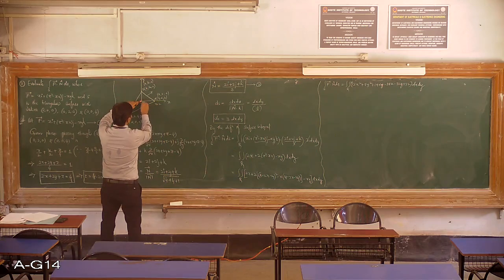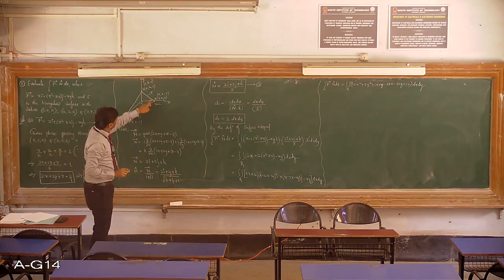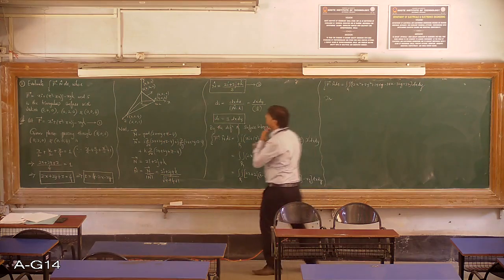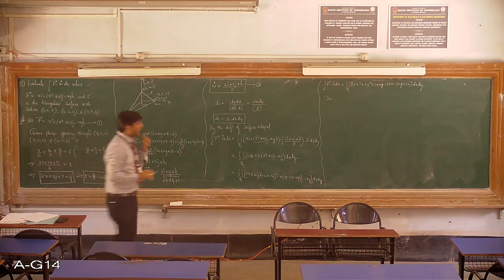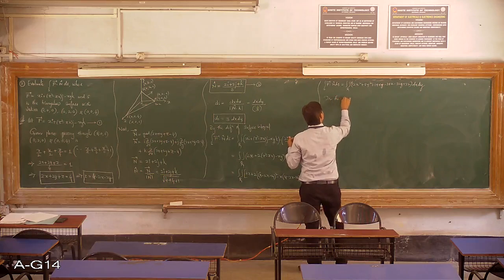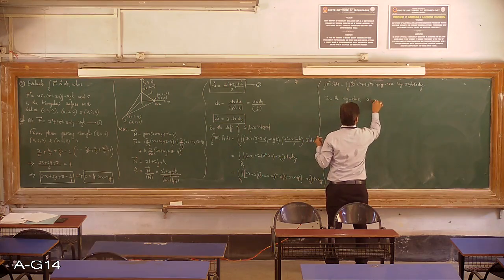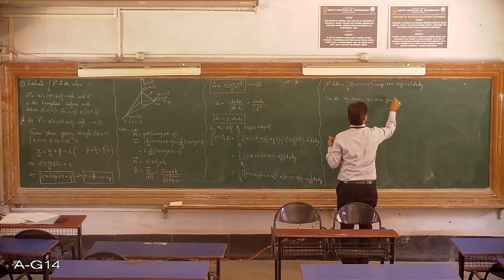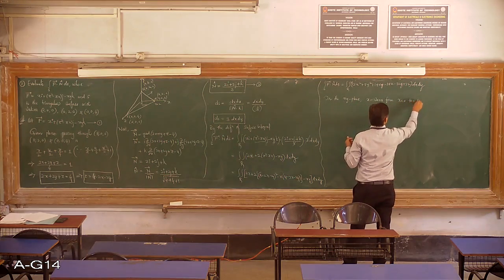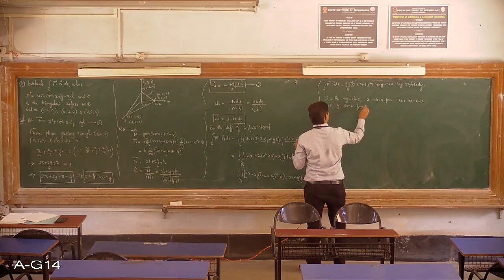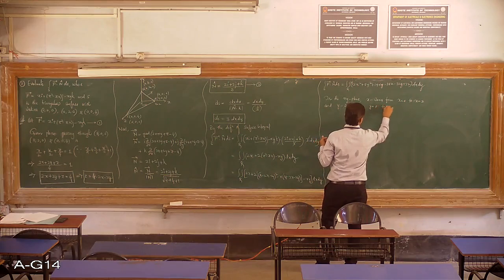But y is varying from y equals 0 to y equals this particular line. So in the xy plane, x varies from x equals 0 to x equals 2, and y varies from y equals 0 to y equals.